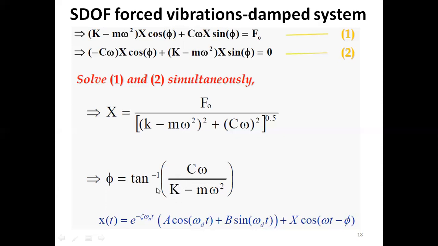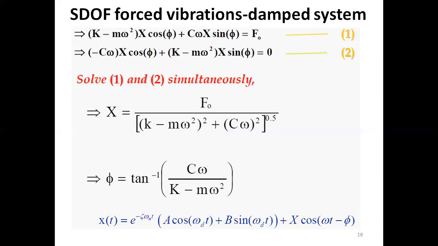That this phi is not because of k. If we put m equal to 0 in this mathematical equation, you could still see that in the denominator we would have k. So phi is not disappearing, which means that phi is not because of the mass.